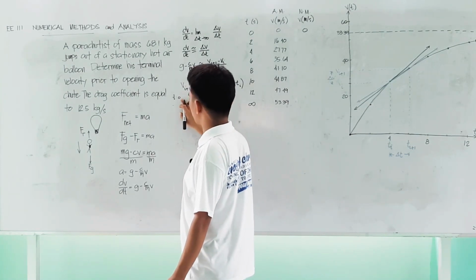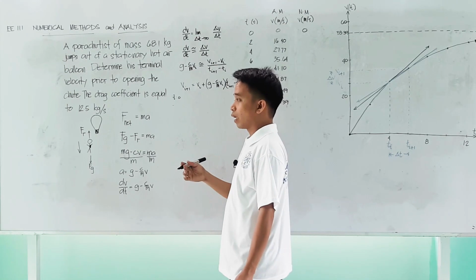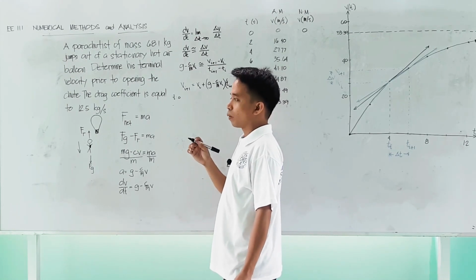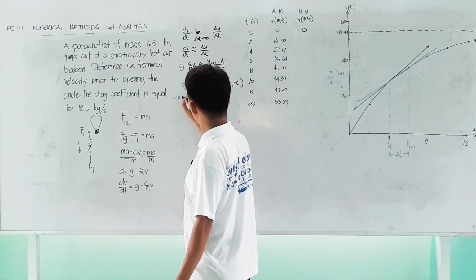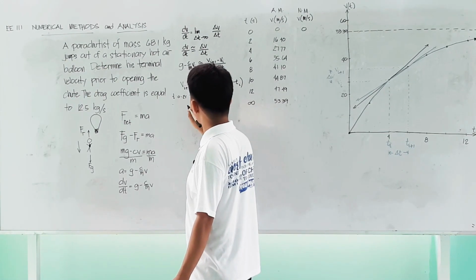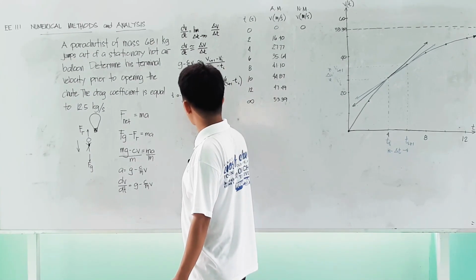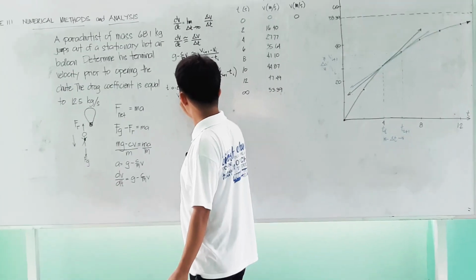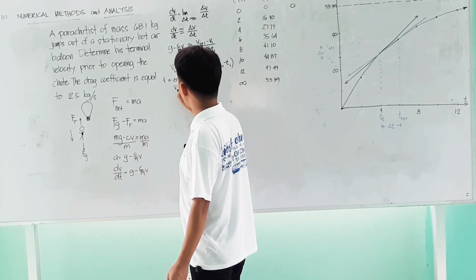Let's determine now the velocity after 2 seconds. That is from 0 to 2 seconds. Then we'll have v at, how should I say this?